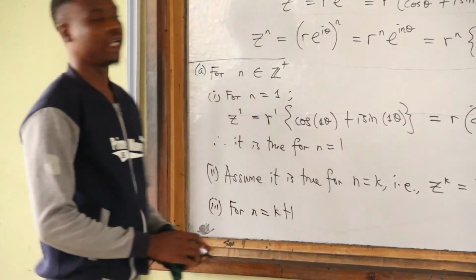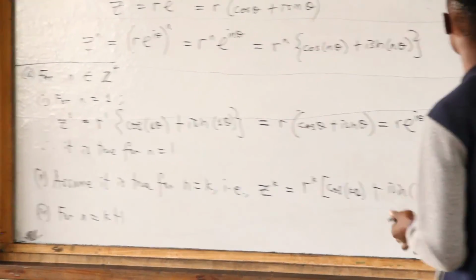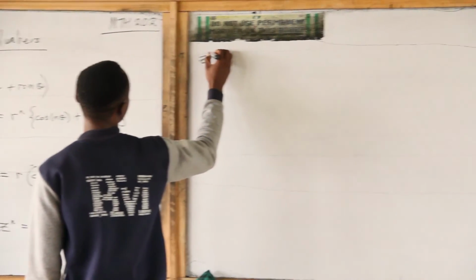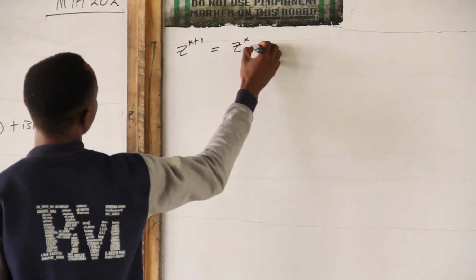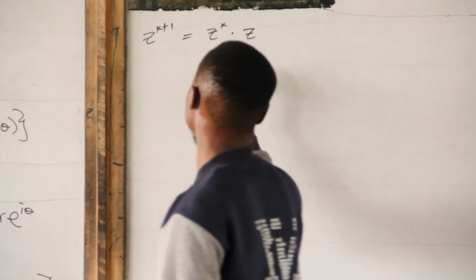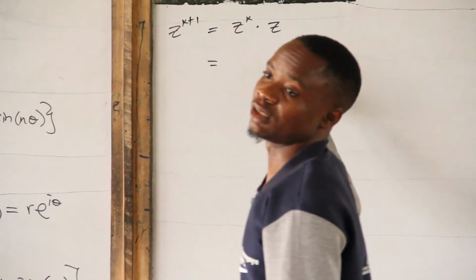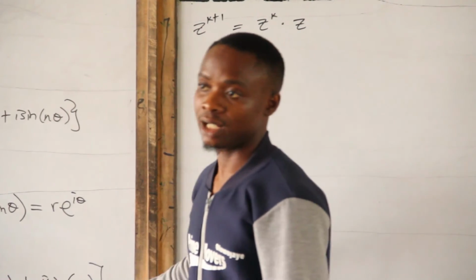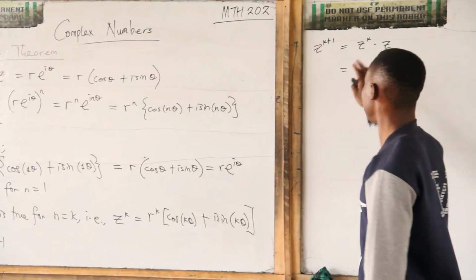We need Z raised to the power k plus 1, which is equal to Z raised to the power k multiplied by Z. Please pay attention, this is where the induction happens. I'm going to put in the result I already wrote here.